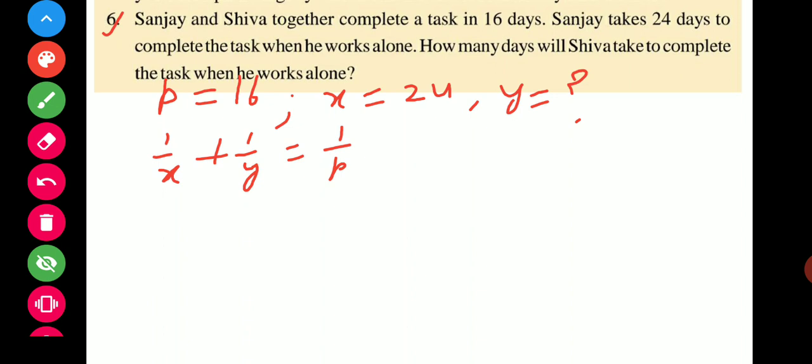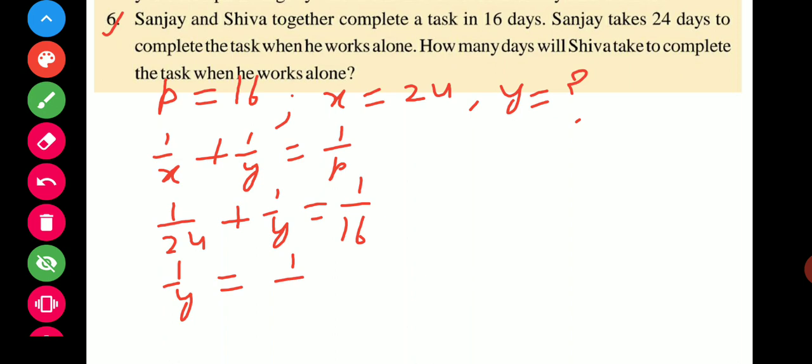So 1 upon X, that is 1 upon 24, plus 1 upon Y is equal to 1 upon P, that is 1 upon 16. So 1 upon Y is equal to 1 upon 16 minus 1 upon 24.